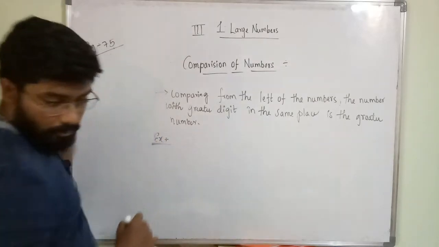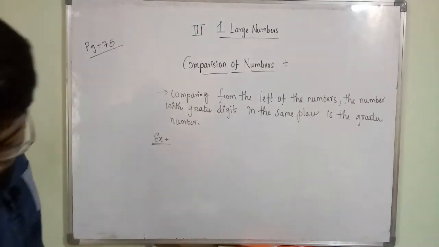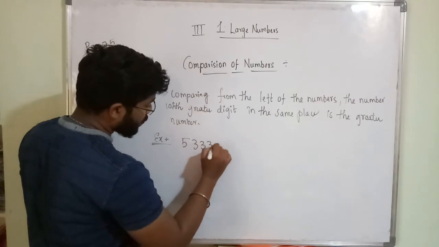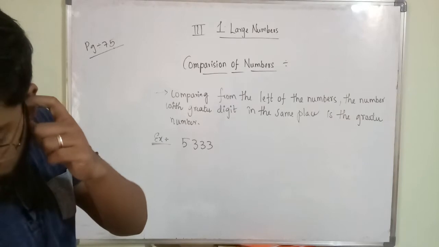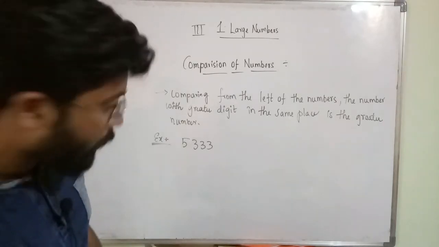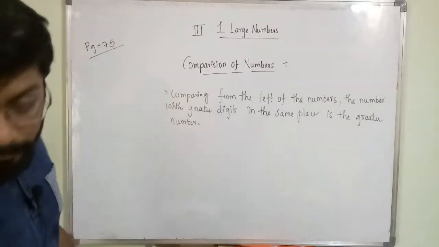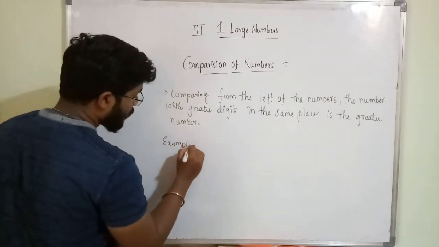Okay, the example for this is 5333. So this is the example in your book. So let me discuss this first, and I am discussing the second example here. Okay, I will say the first example next.